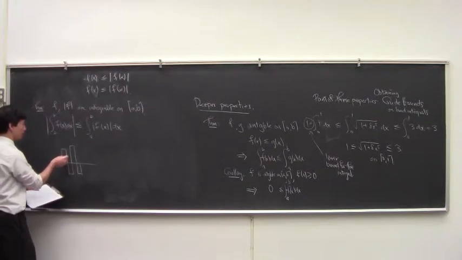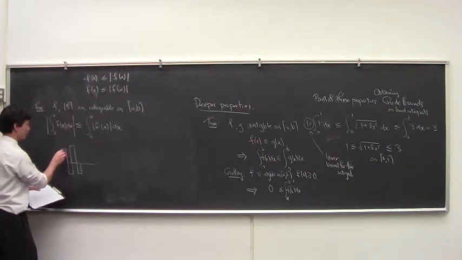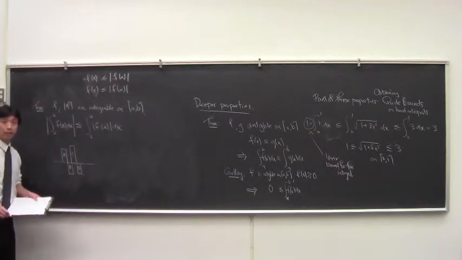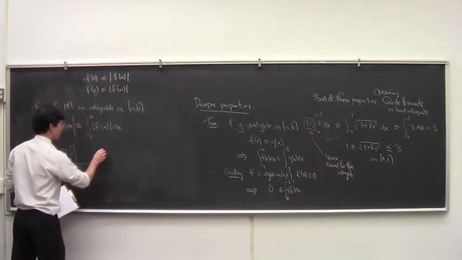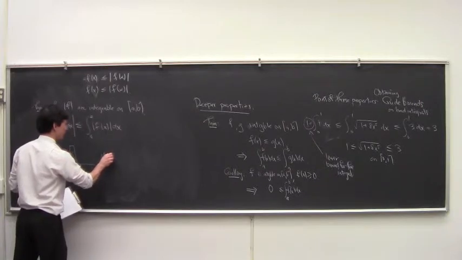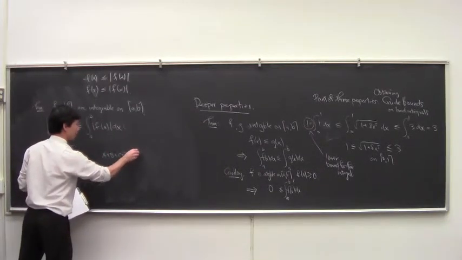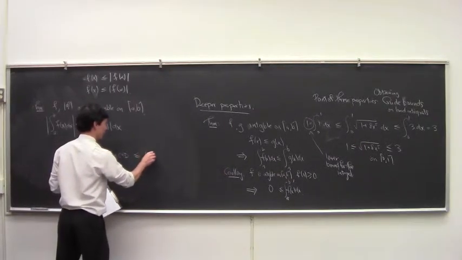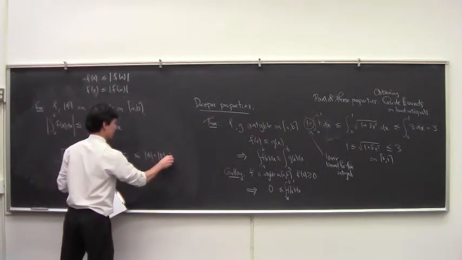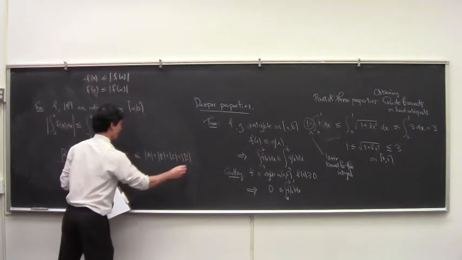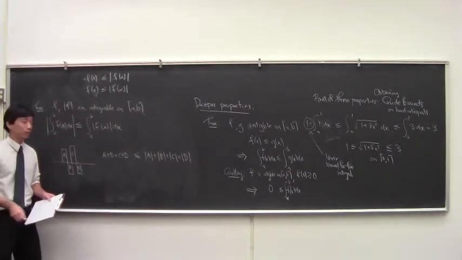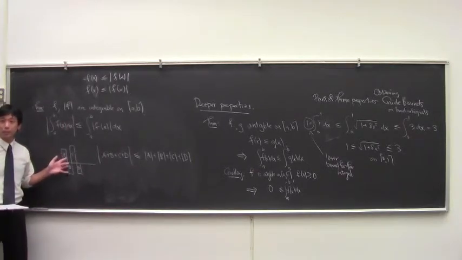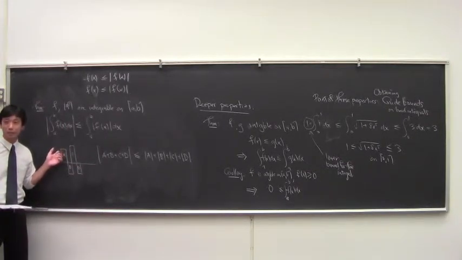Like A, B, C, D. And I say I'm going to look at the sum of these areas, A plus B plus C plus D. What I'm saying is that the absolute value of that sum is less than or equal to the sum of the absolute values, the absolute value of A plus the absolute value of B plus the absolute value of C plus the absolute value of D.